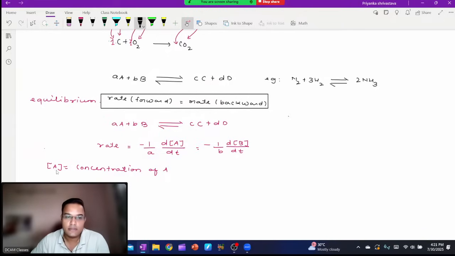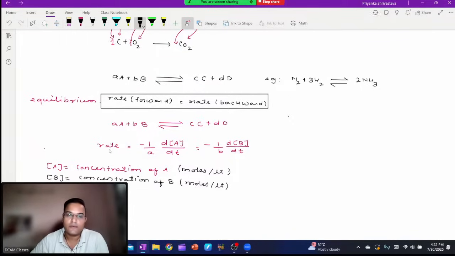So here this [A] is known as the concentration of A. And similarly, [B] is known as the concentration of B. It's nothing but the molarity of the solution of A, molarity of the solution of B, meaning we represent the concentration in terms of moles per liter. These are the units because the number of moles per liter of solution is molarity, na? Yes. In moles per liter we represent.